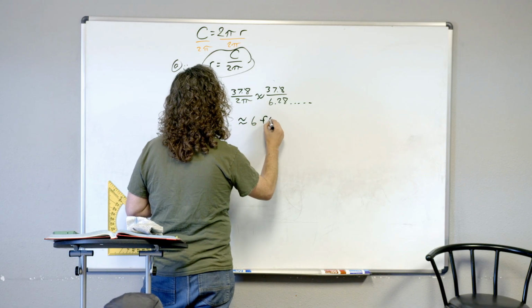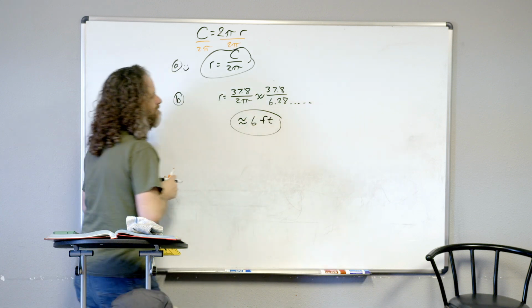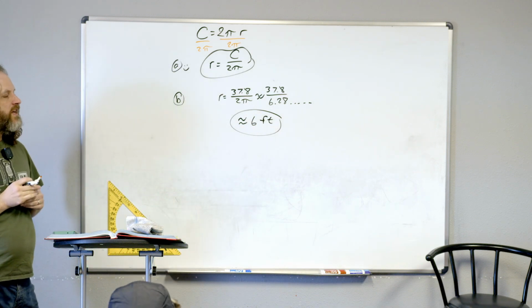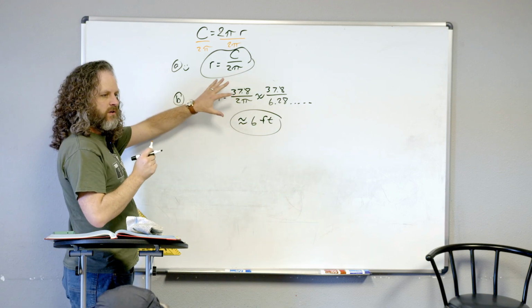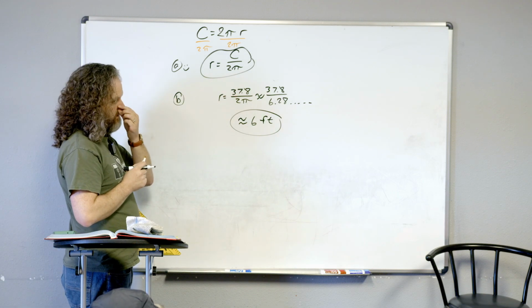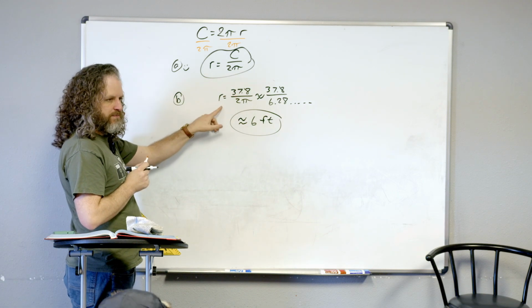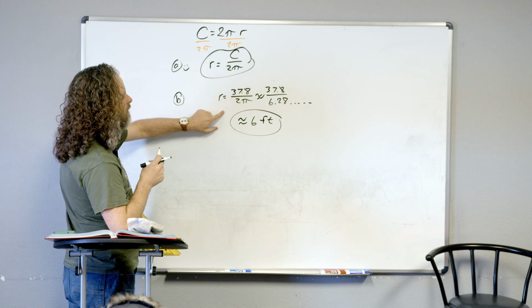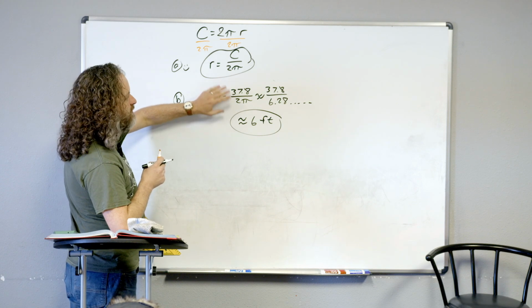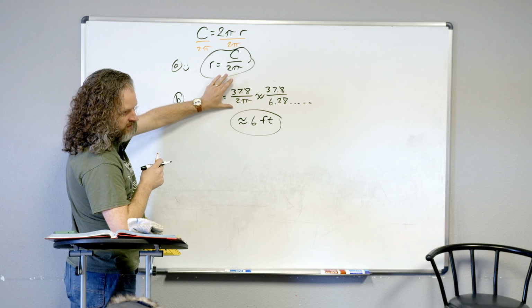I don't know how I got this. Wait, did you get this? Did you do the math right? Did you set it up right, Corbin? The second part is the part that you said you didn't know how to get. I got 44 feet. But did you set it up like this? I think so.